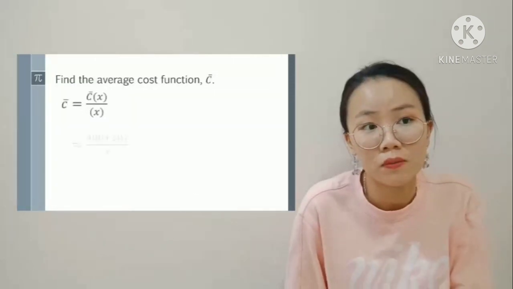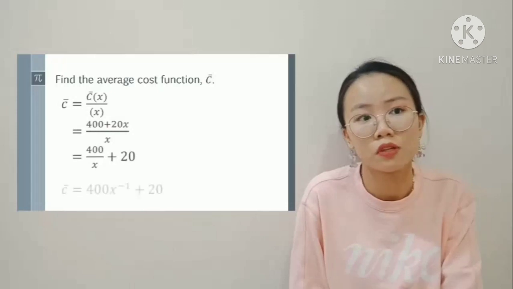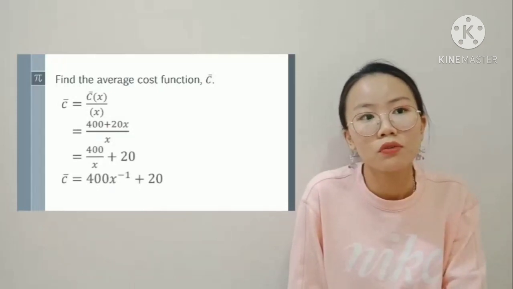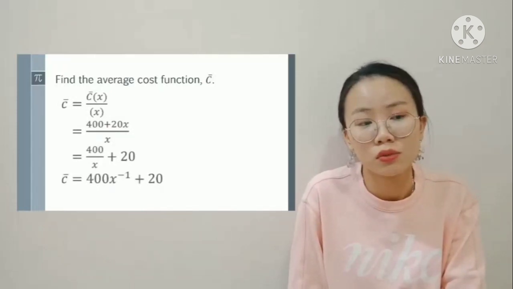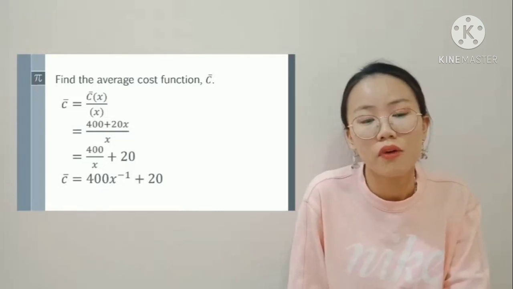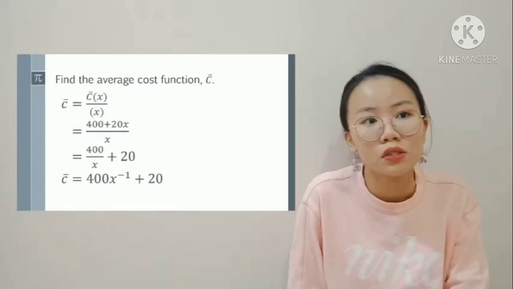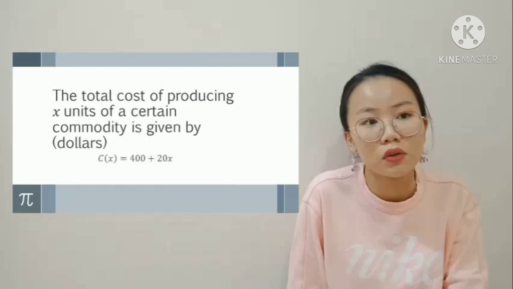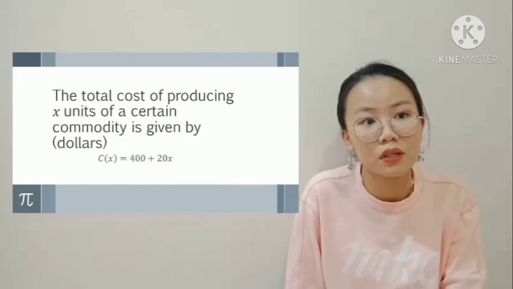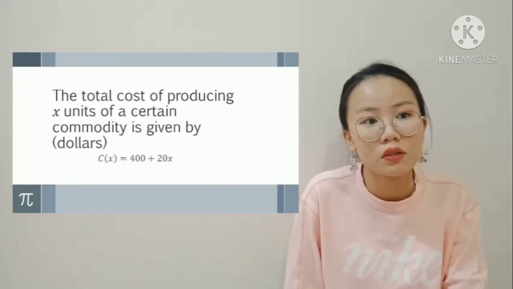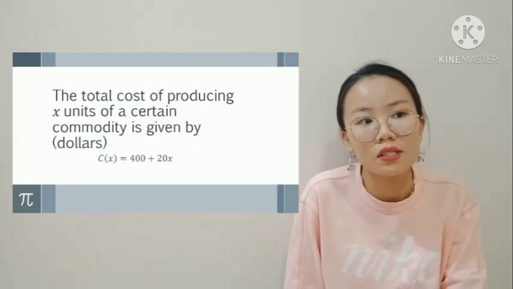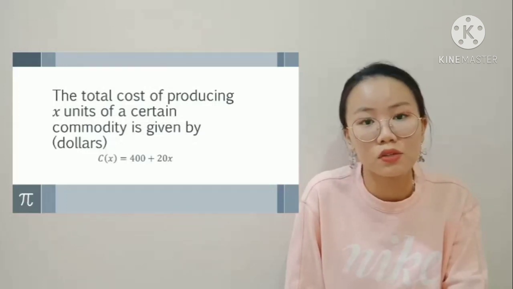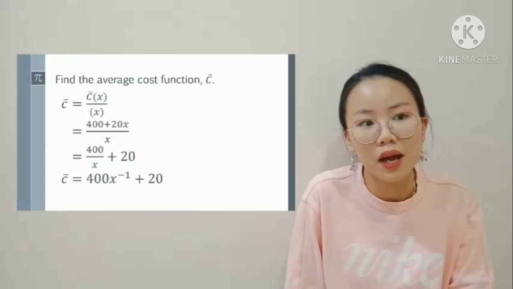Next, for question B, find the average cost function. The formula to find the average cost is to take the total cost divided by x. So here we take the total cost that we get from the question, which is 400 plus 20x, and we divide it by the x.